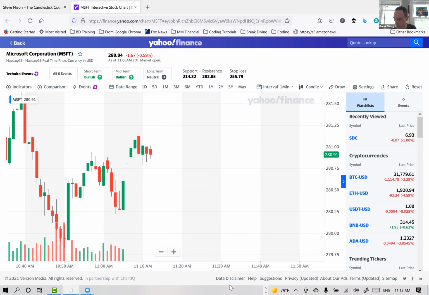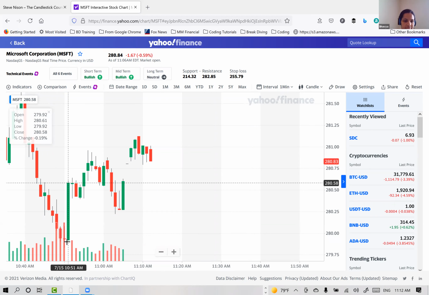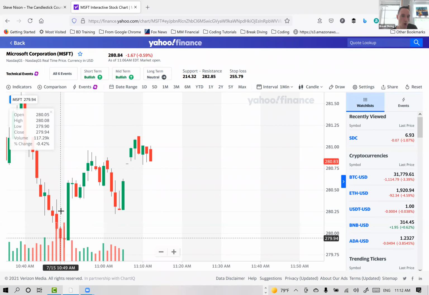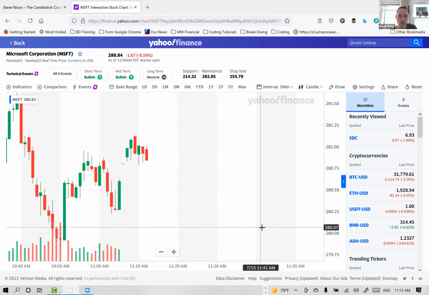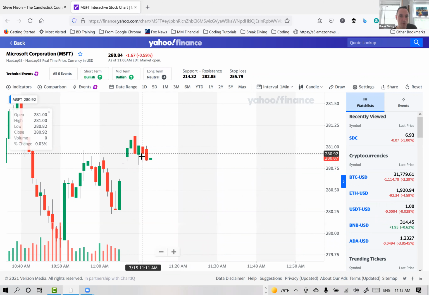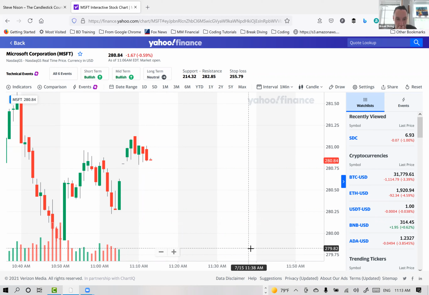But if we look at this general trend, it seems to be overall going up. So okay, now there's definitely not a buy, because now we've got bearish belt holds. Let's see.